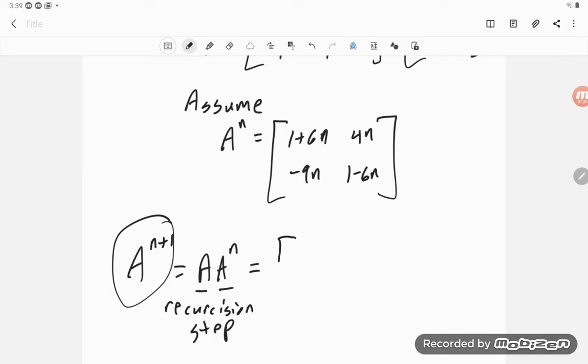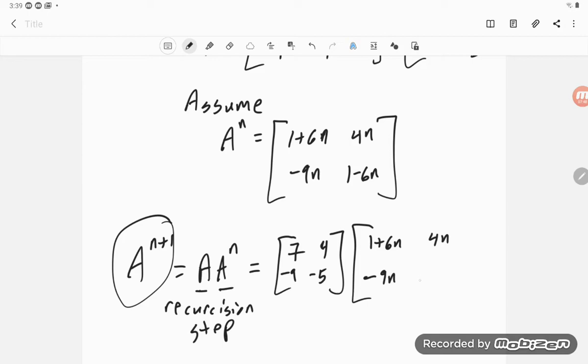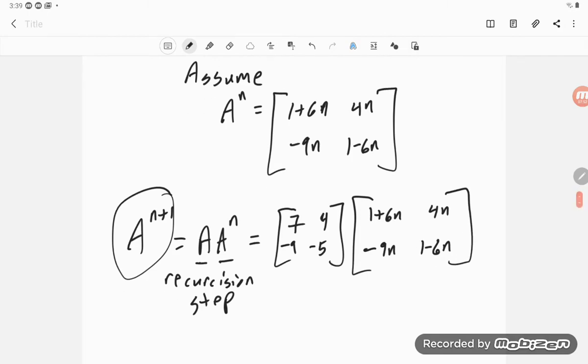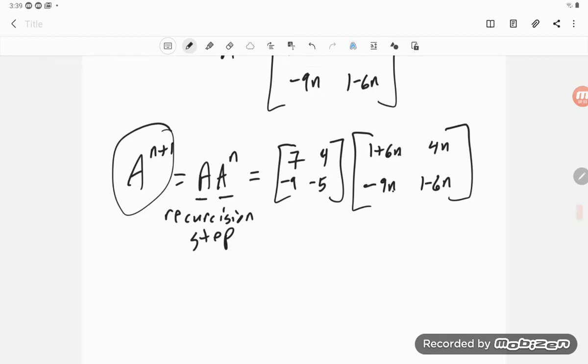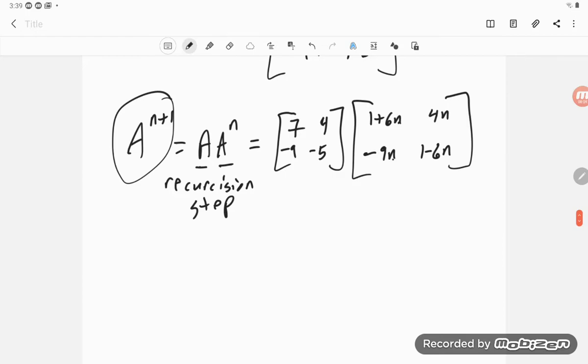So this is the matrix 7, 4, minus 9, and minus 5 times the matrix 1 plus 6n, 4n, minus 9n, and 1 minus 6n. And what we're hoping to get to is A to the n plus 1. Instead of an n in all these spots, I should be able to write it as n plus 1. So let's see if we can do that.